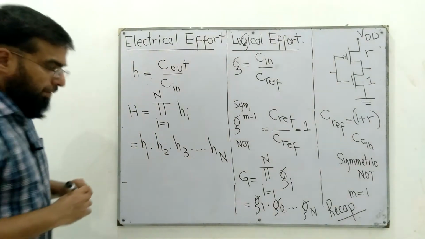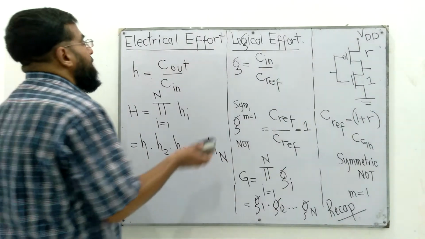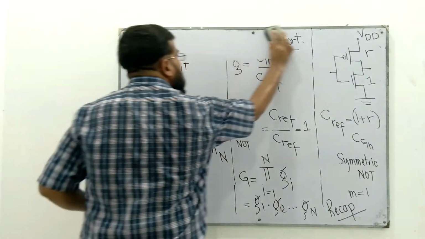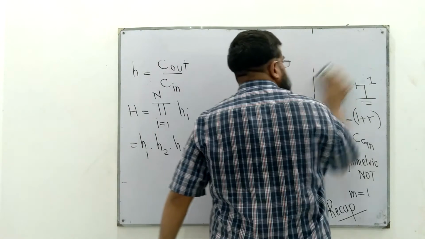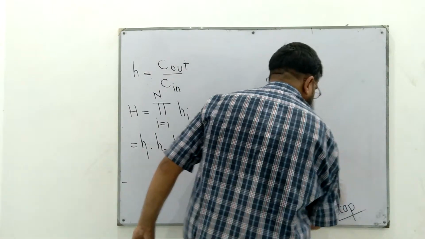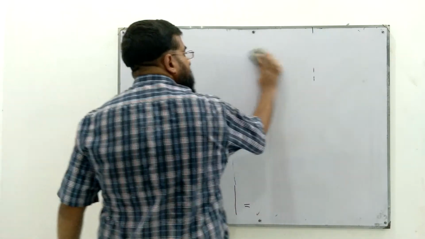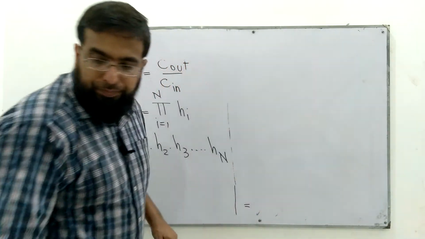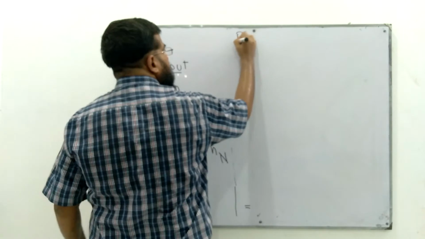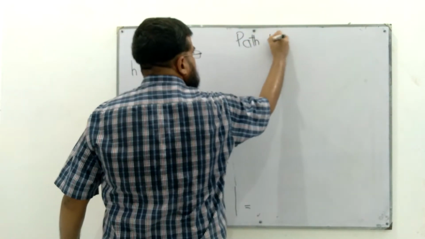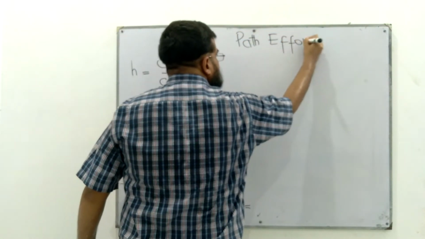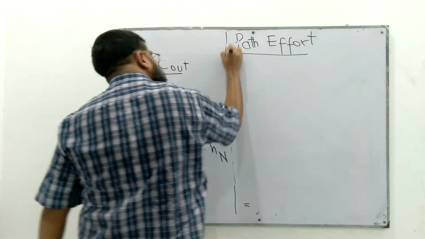And then comes their combination. The combination is called path effort. Path effort is the combination of logical effort and electrical effort. This path effort is the third term we use in this technique.